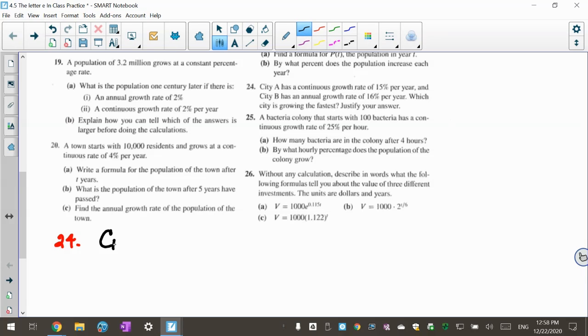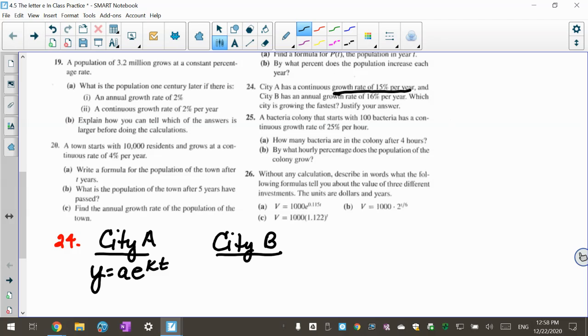I have City A and I have City B. Lots of times you don't have all the information, but you're trying to figure out which one is growing the fastest. City A is continuous, so I'm going to write down y equals a e to the kt, and plug in everything they said. They said continuous growth rate 15%, and it's growing, so it's positive.